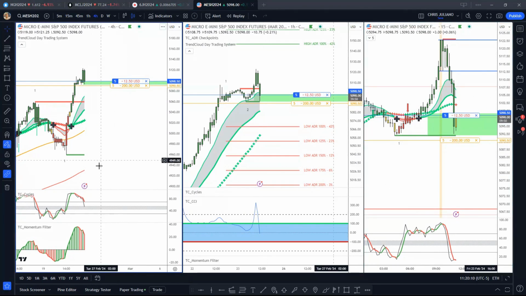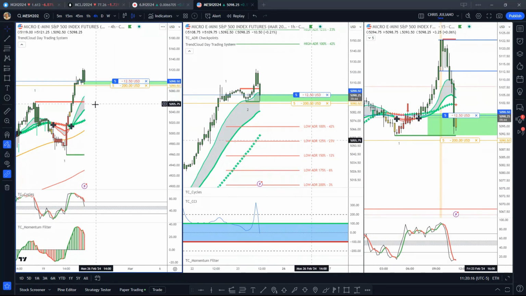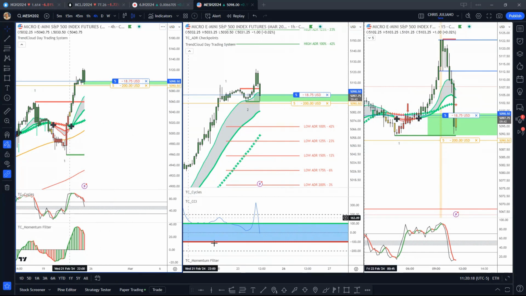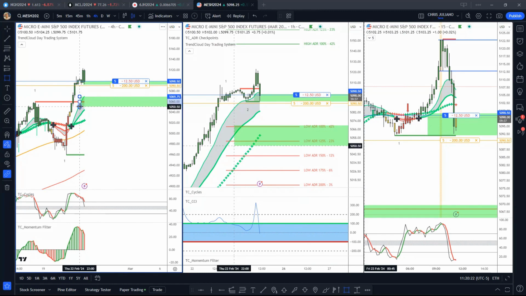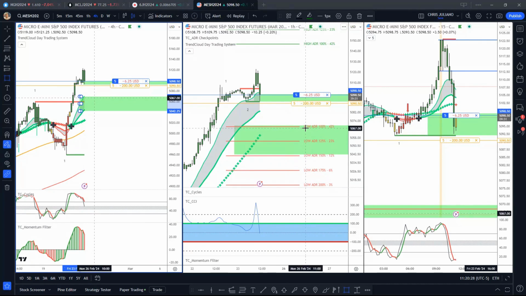So if this continues down and this move on the high time frame continues to correct, then we have to start looking at the fact that this might be the support area, in which case that's right in line with the very first ADR checkpoint at the lower end. Then this move possibly will be able to move back up to here.